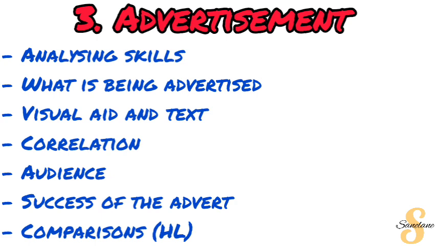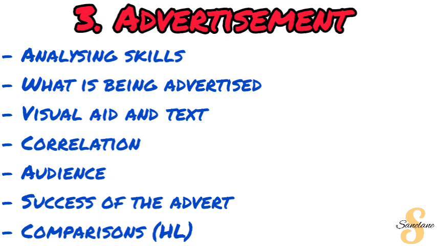So you need to know what is being advertised, the visual aid as well as the text of the advert, the correlation of the visual aid and the text itself. Who is the target audience of this advert? Who are they trying to target? Who will this appeal to? And with every visual aid, every text, the correlation of it, as well as the language used in the text, as well as the colors that are used, will it relate to the type of audience that they're trying to target?